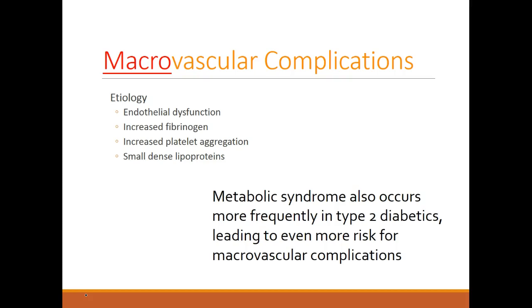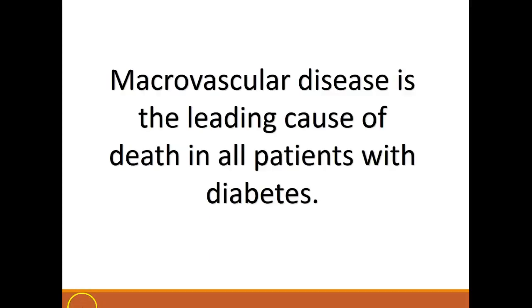There's a slide later on in the PowerPoint that shows some of the different components of metabolic syndrome. Again, macrovascular disease is the leading cause of death in all patients with diabetes.